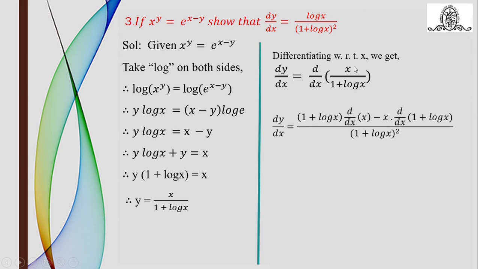The quotient rule for u upon v says that we have to write the formula as: first, denominator constant, so 1 plus log x constant, into the derivative of numerator, that is x, minus numerator constant into the derivative of denominator, that is 1 plus log x, and the whole divided by denominator square. It should be the square of that whole denominator once again.